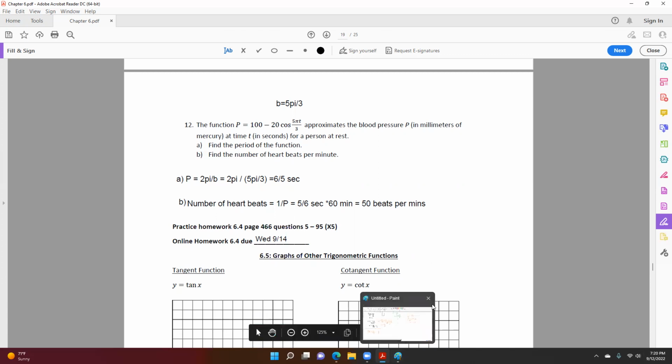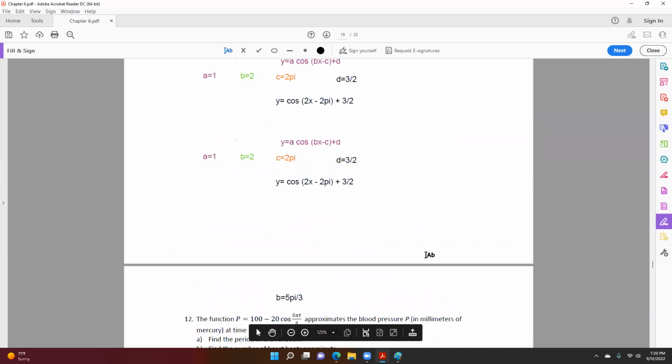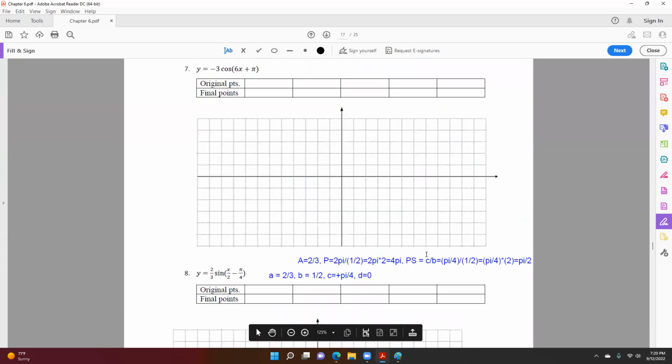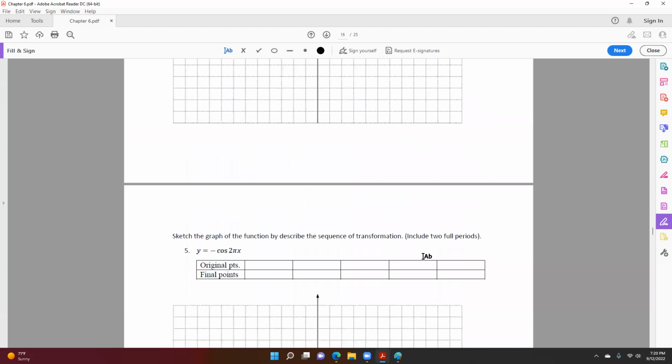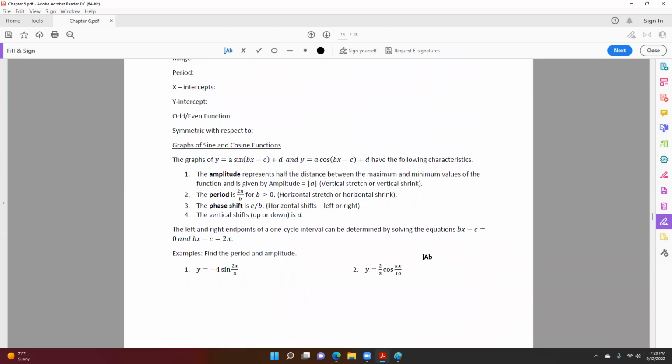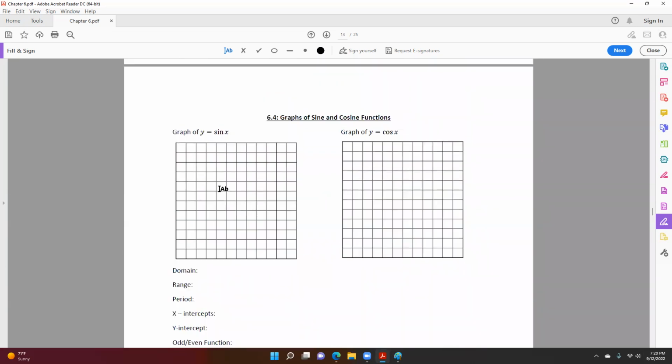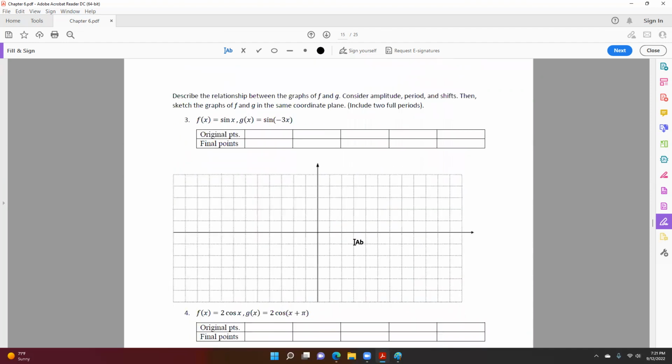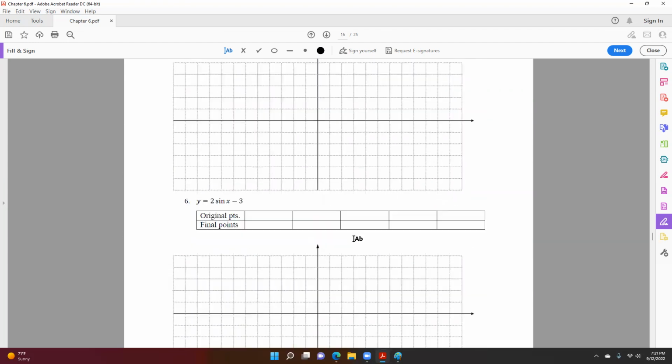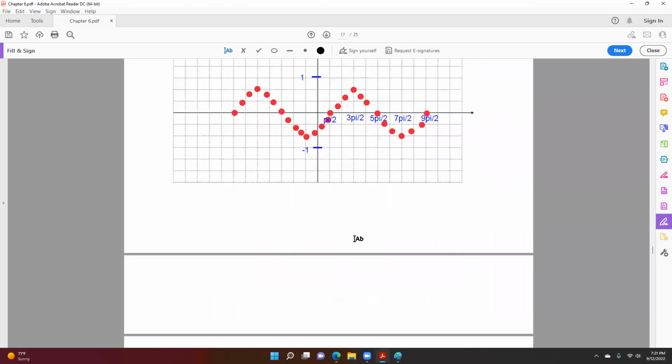Now, if you remember how we drew the graph of sine and cosine in the very beginning on Wednesday class, we used your unit circle, and we were looking for sine and for cosine, right? So we're going to do the same thing now for tangent.